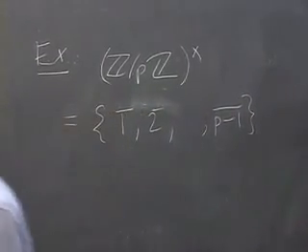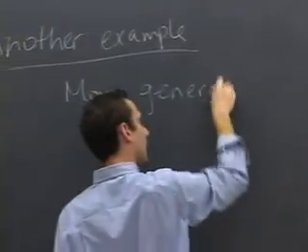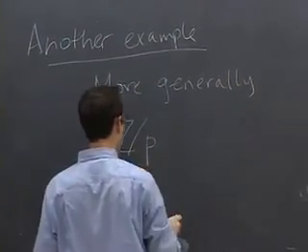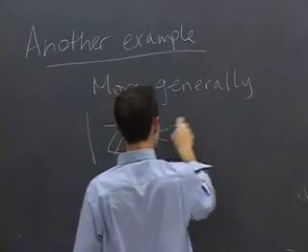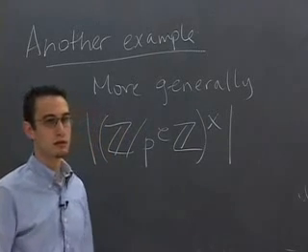So another example. More generally, what is the order of (Z mod P to the E Z) star?